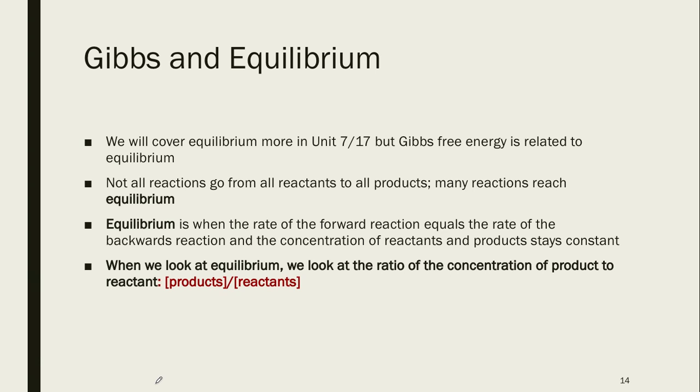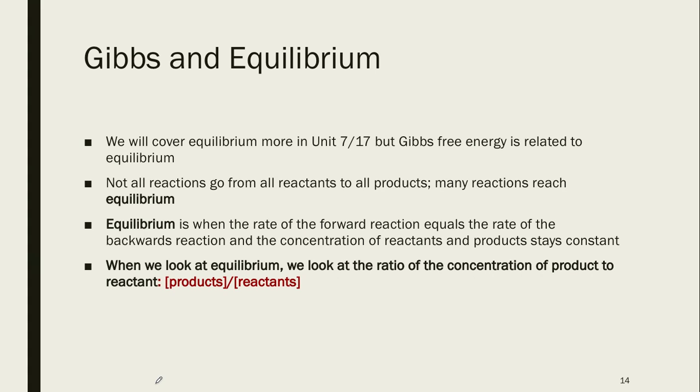Another way that we're going to see Gibbs is in our equilibrium, which is unit 7 and 17. We'll talk about what equilibrium is, but Gibbs free energy is related to equilibrium. We know that not all reactions go from all reactants to all products. Many reactions reach an equilibrium where we have both products and reactants in a mixture.